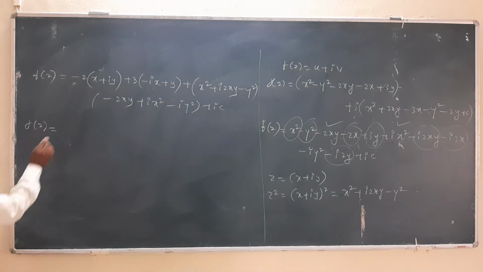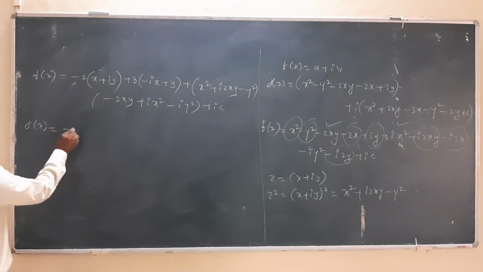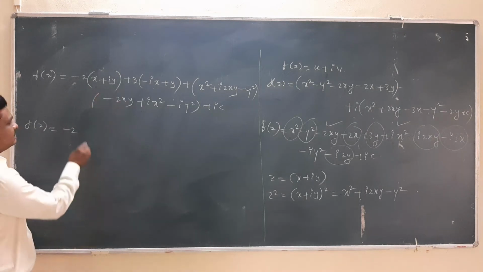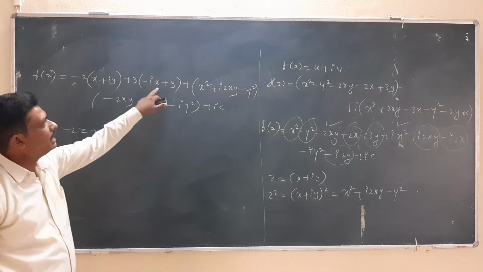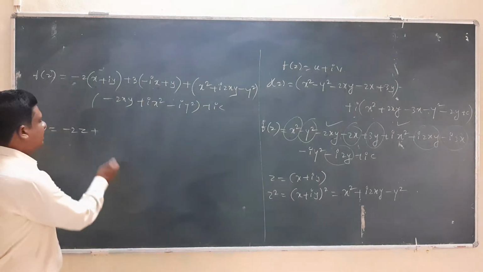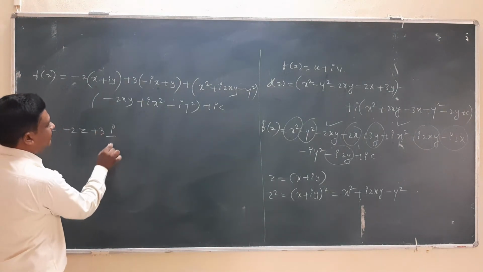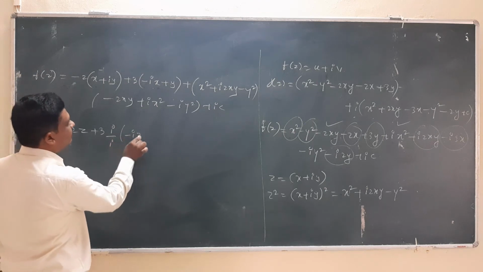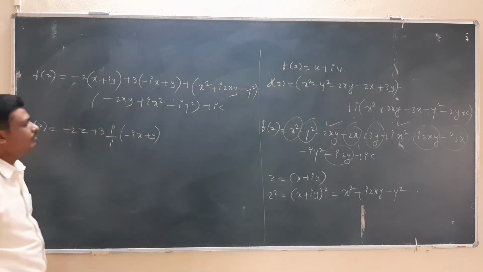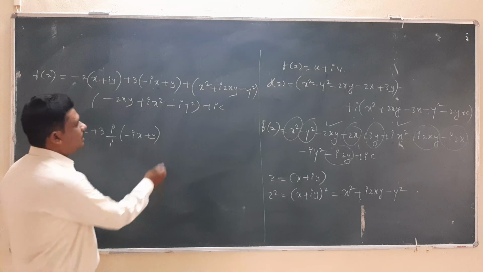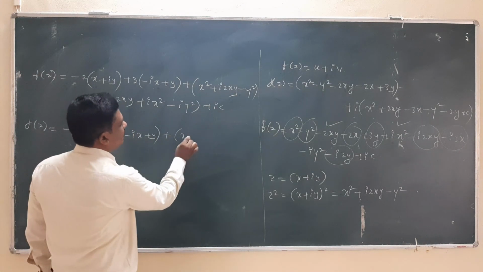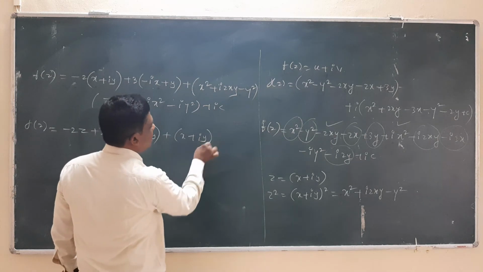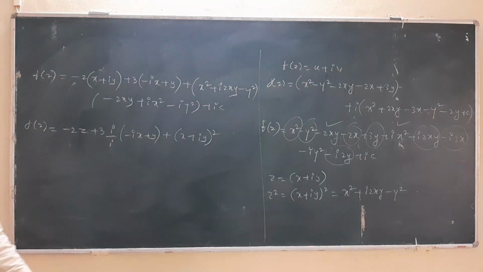So now I arrange this properly. f of z is equal to minus 2, and x plus iy is nothing but z, plus 3. Here I want x plus iy. For that, what do I do? I will multiply and divide by i to this bracket. Then this is already in the standard form, so I will write this as x plus iy whole square.